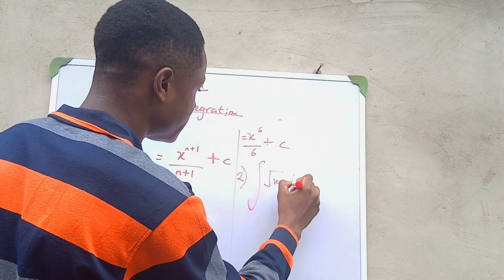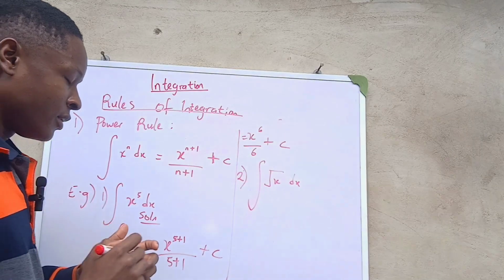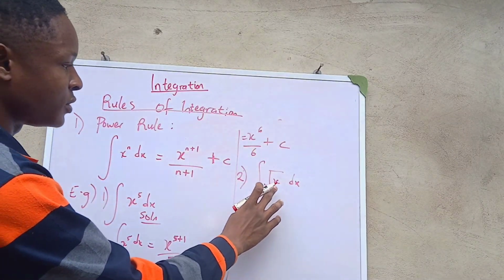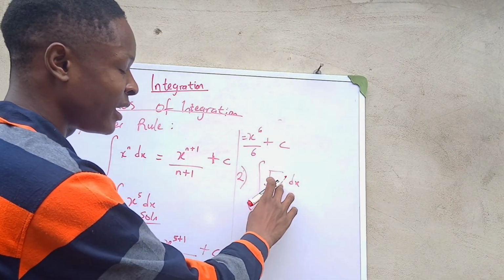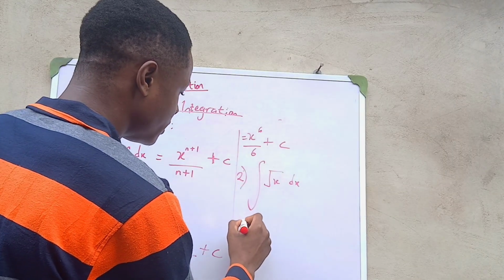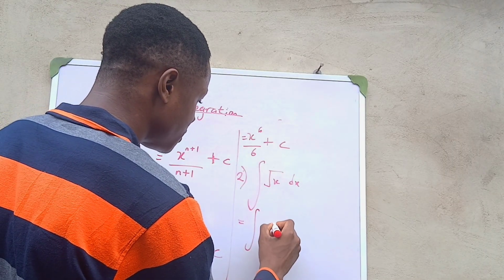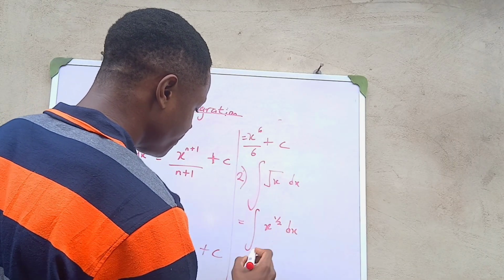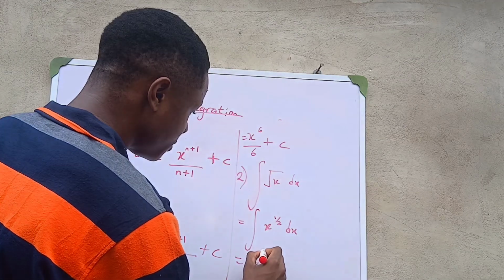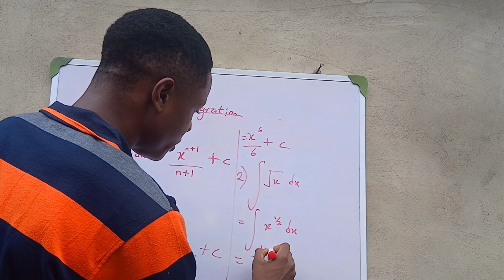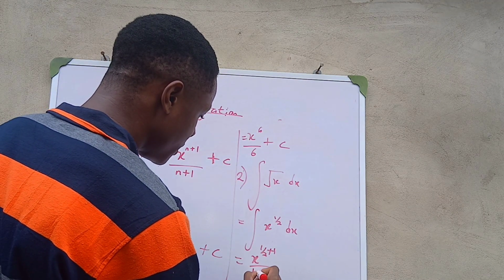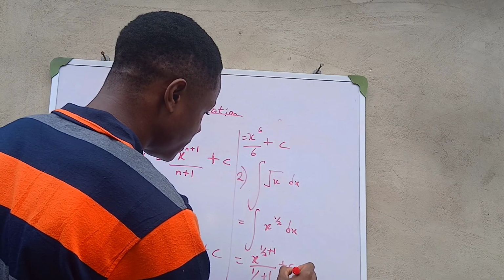So another example is if we have integral of square root of x dx. We are also going to use power rule here because we can make x have a power using indices. So we have integral of x to the power 1 over 2 dx, giving us x to the power 1 over 2 plus 1 all over 1 over 2 plus 1 plus c.